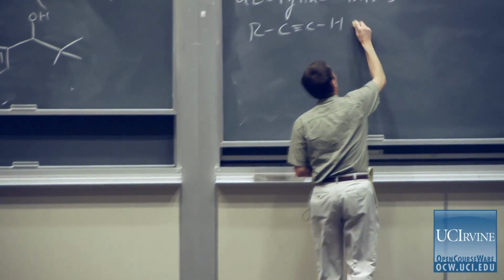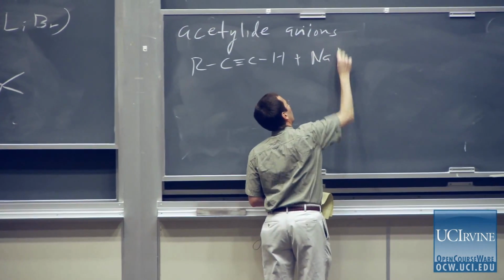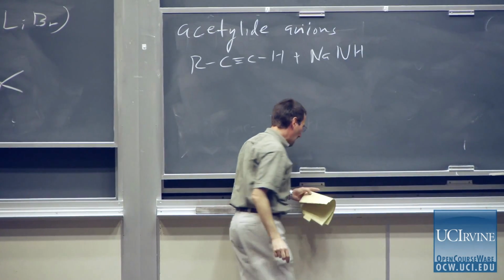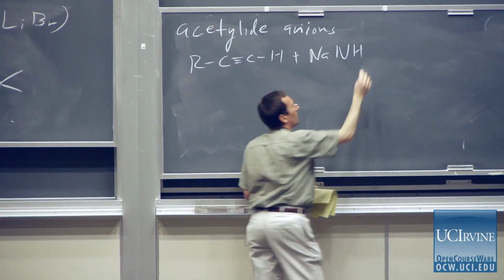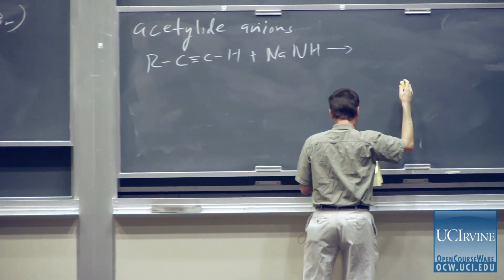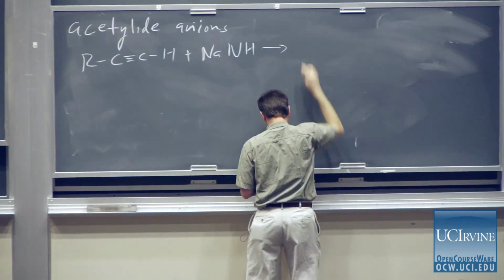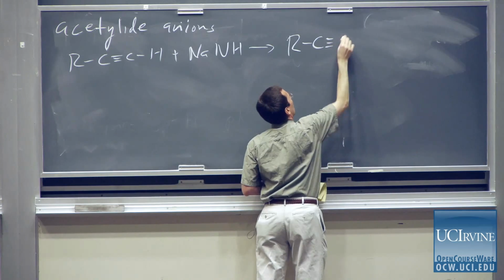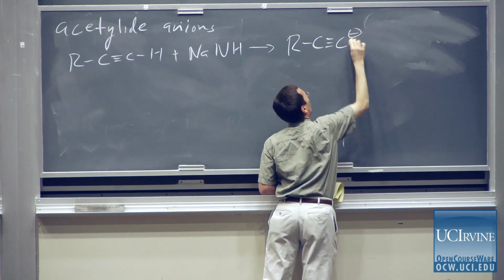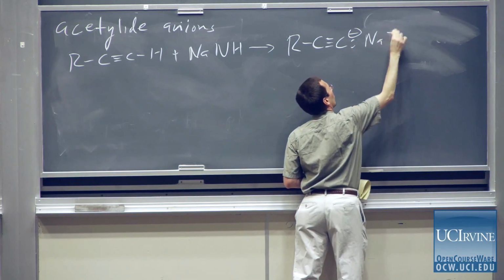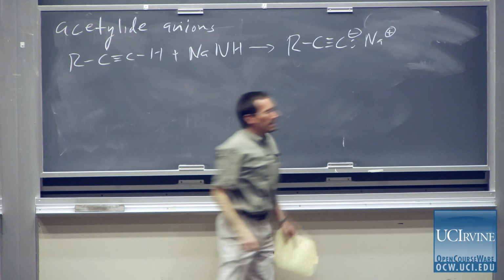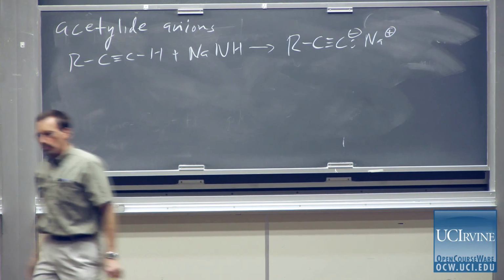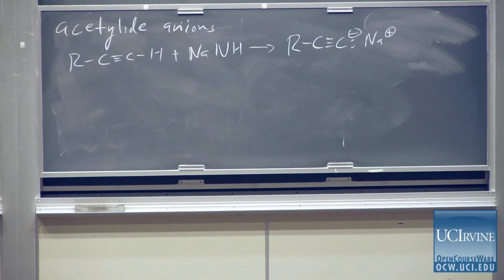So for example, if I treat an alkyne with sodamide, I get the sodium acetylide anion. Now, sodium's a little more electropositive than lithium.